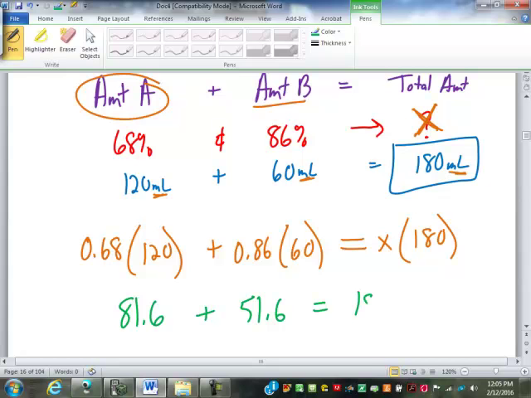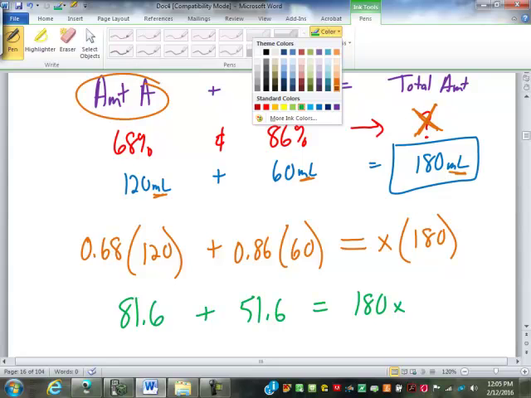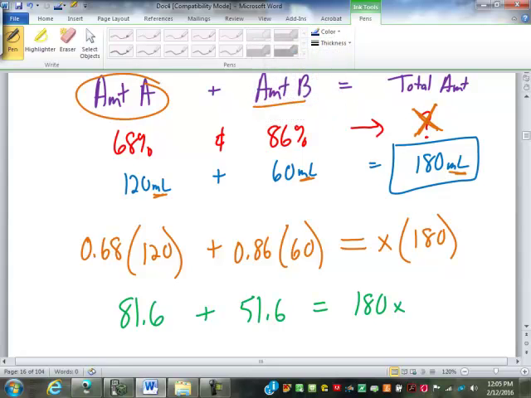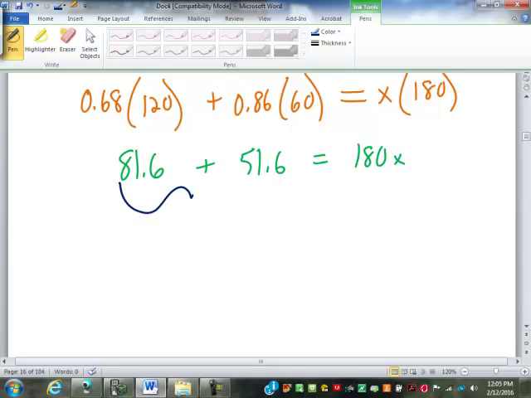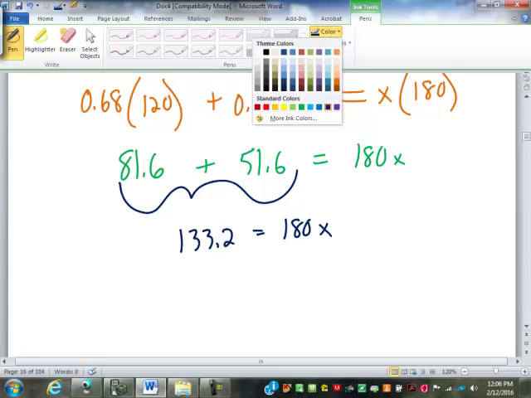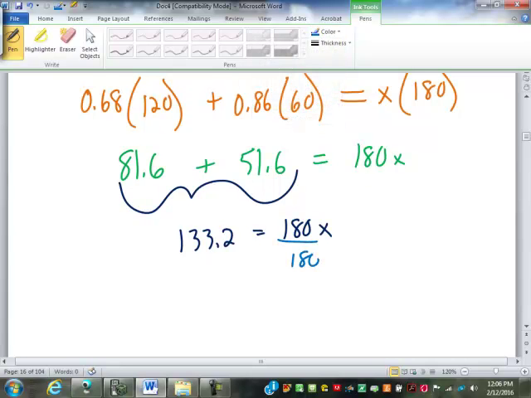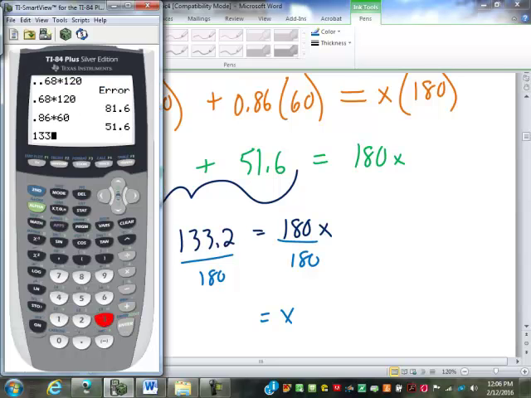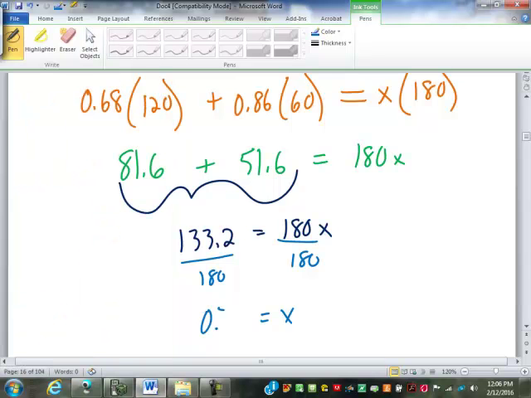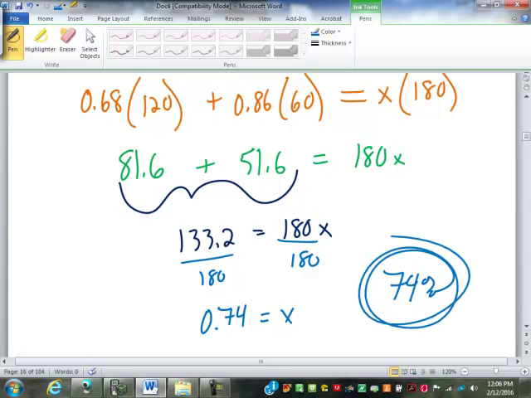And x times 180, I'm going to write that as 180 times x. So now I can add up 81.6 plus 51.6, which is 133.2. Here's 180x. And now we'll divide by 180 to get x by itself, getting 0.74 or 74%. So that final solution will be 74% serum.